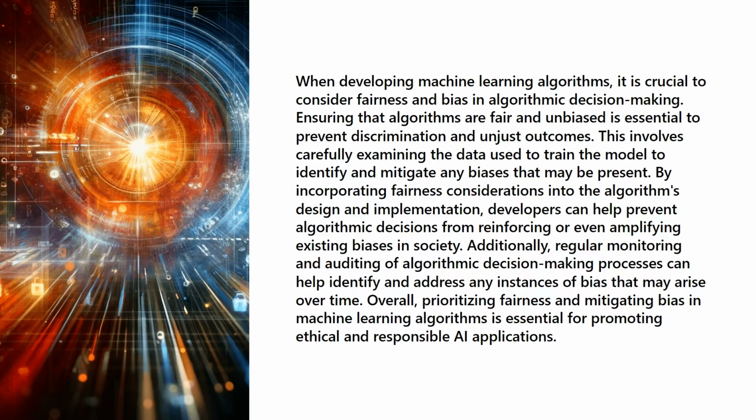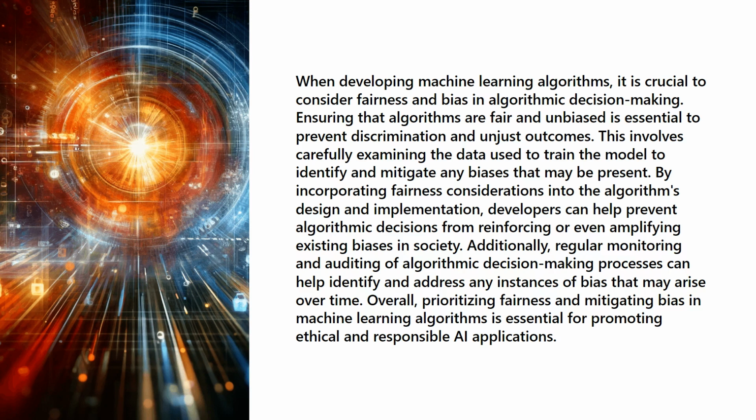When developing machine learning algorithms, it is crucial to consider fairness and bias in algorithmic decision-making. Ensuring that algorithms are fair and unbiased is essential to prevent discrimination and unjust outcomes. This involves carefully examining the data used to train the model to identify and mitigate any biases that may be present.